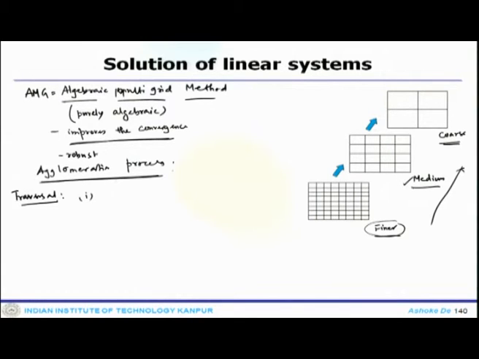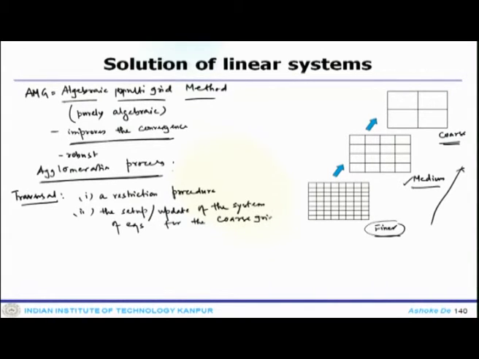The traversal process goes through different procedures. It involves a restriction procedure first, then the setup or update of the system of equations for the coarse grid level.